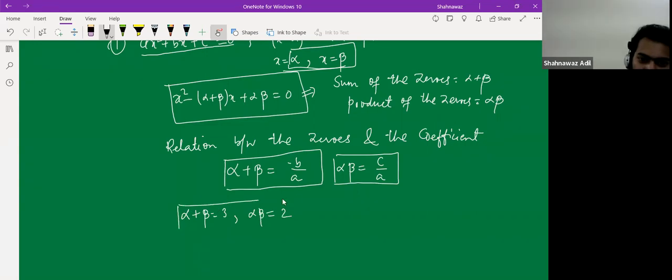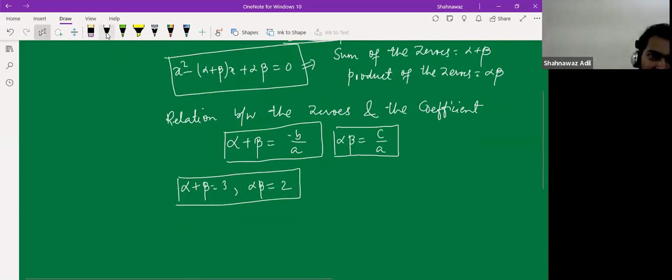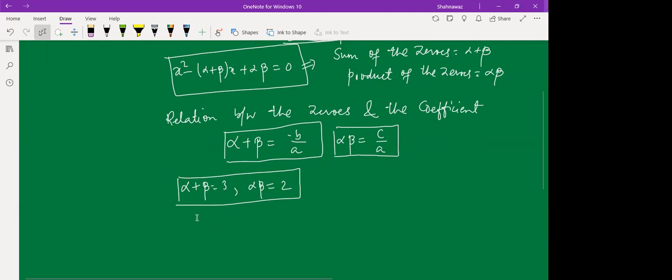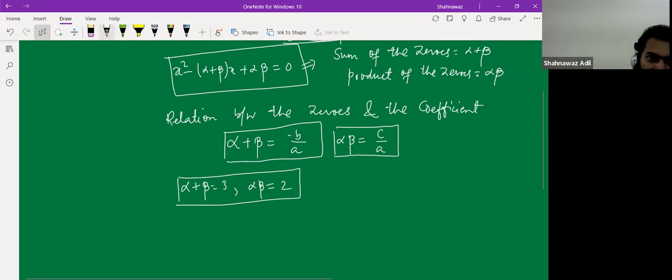So what will be the quadratic equation from this information? What will be the form of the quadratic equation when you are given the sum of the roots and the product of the roots?